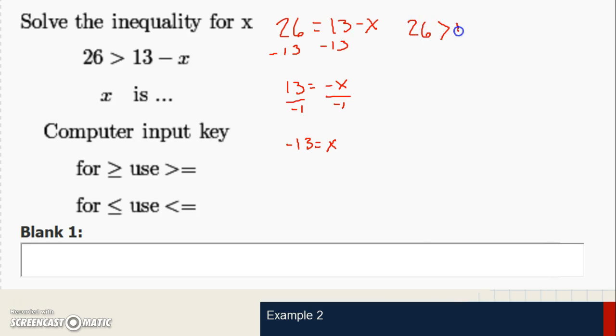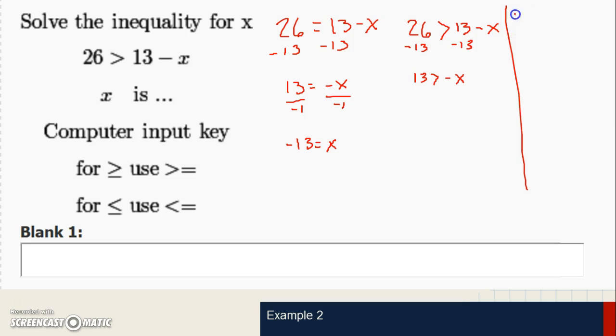And this is where the one difference comes in when you're doing inequalities. So we subtract 13. We get 13 is greater than -x, so everything's still the same. If you multiply or divide by a negative number, you have to flip the direction of the sign. So that's a key concept.